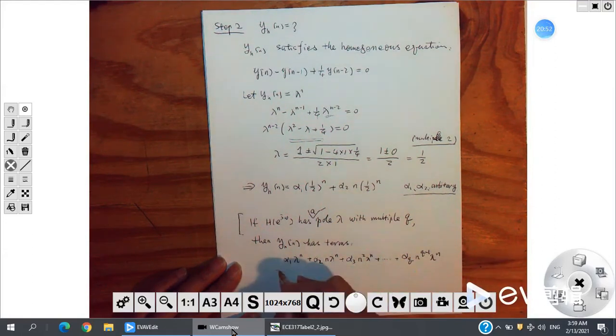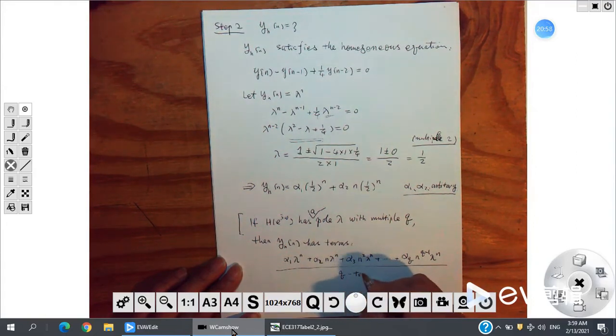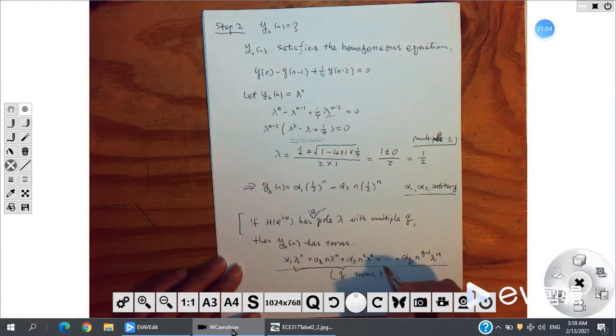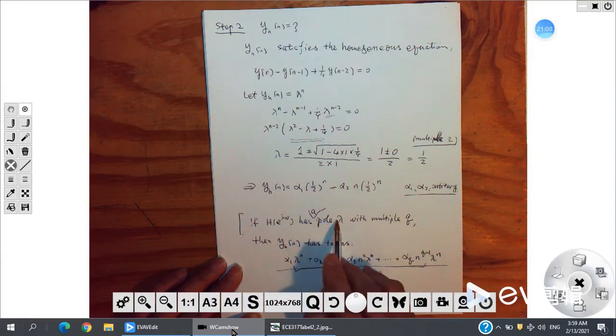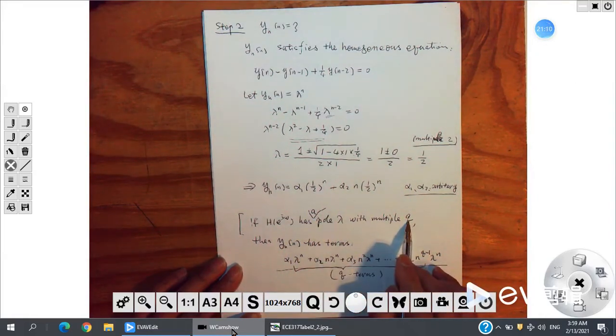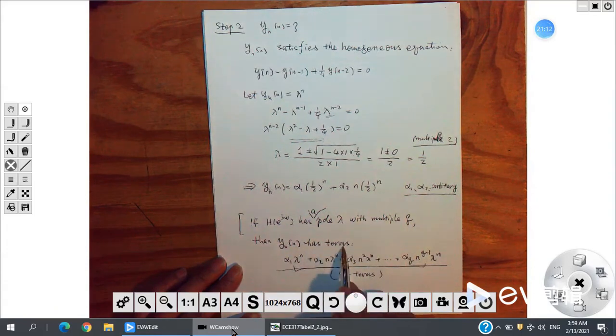We'll have so many terms, totally q terms. So you have a pole with multiple q, then the homogeneous solution will contain q terms.